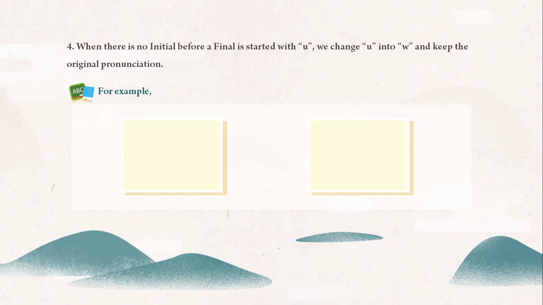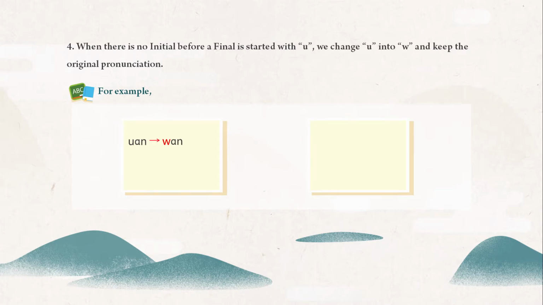Rule 4. When there is no initial before a final which is started with u, we change u into w and keep the original pronunciation. For example, when compound final uo is a syllable by itself, we should directly add letter w before it.